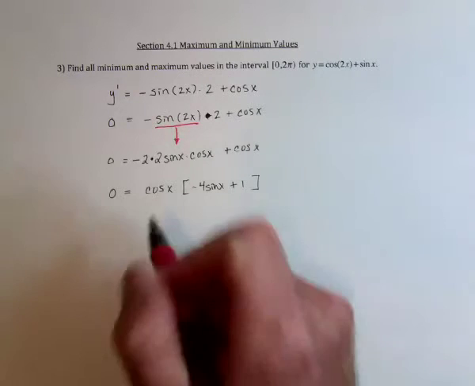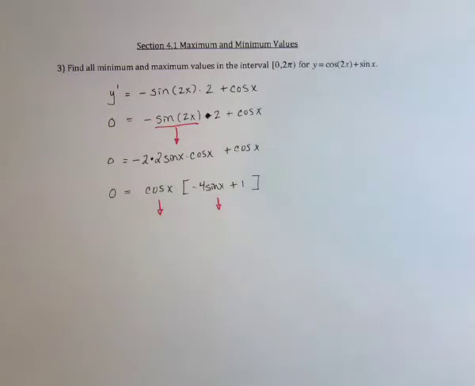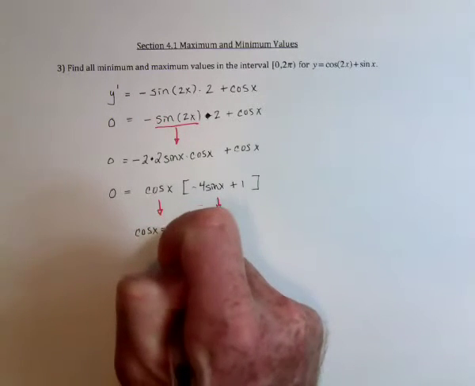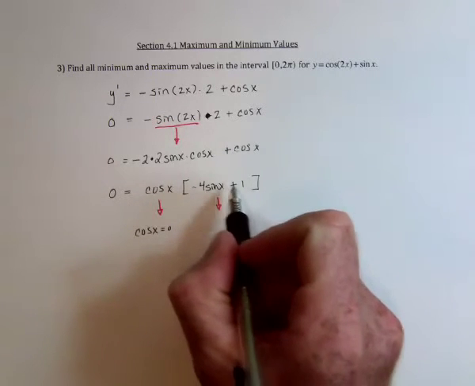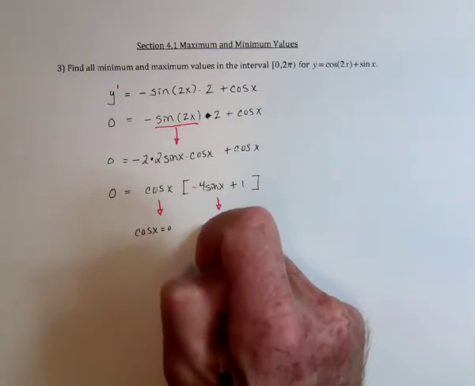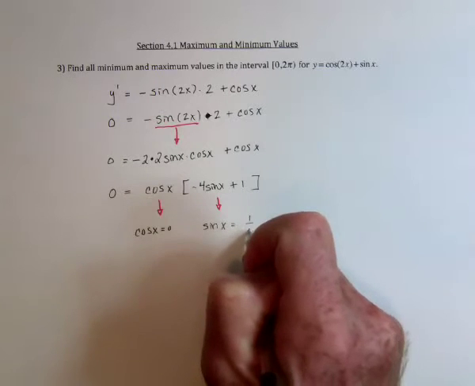Now that it's factored, set each factor equal to 0. So this one would say, when does cosine equal 0? And set this one equal to 0. We can move the 1 to the other side, it would become negative, and divide by 4. So this one says, when does sine of x equal a positive 1/4?